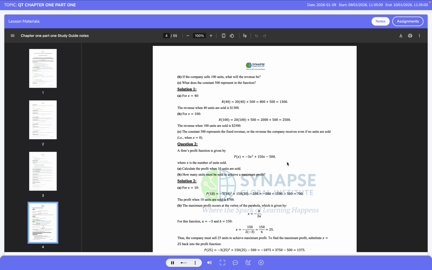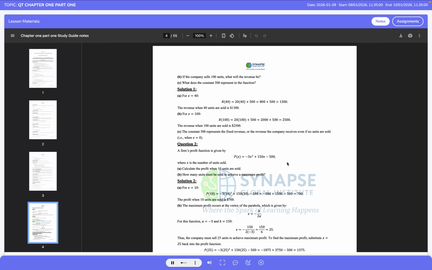P(10) = -3 × 10² + 150 × 10 - 500. This equals -300 + 1500 - 500, which gives 700. Therefore, the profit when 10 units are sold is $700.